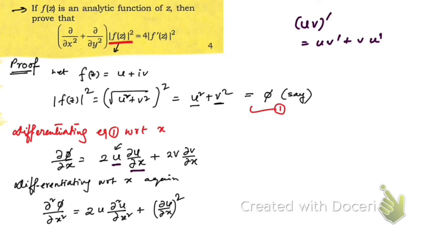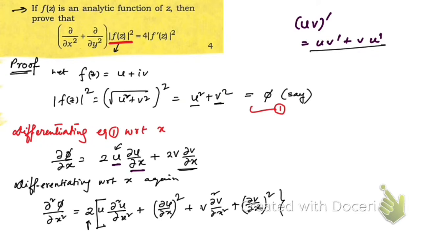There must be a 2, so let's take the 2 common. Similarly for v we get 2, already taken common, then v times the second order derivative of v with respect to x, plus del v by del x whole square. Hope you have understood this.